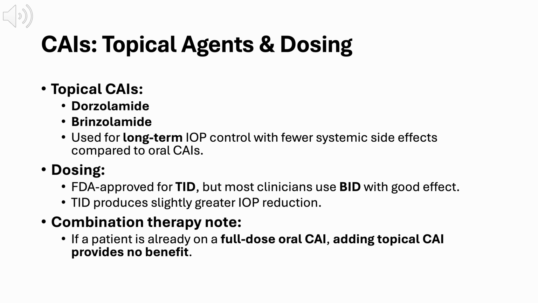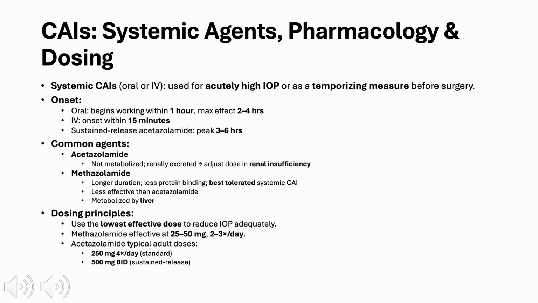Both are FDA approved for 3 times daily dosing, but in practice, most clinicians use them twice daily with very good effect. Using them 3 times a day can provide a slightly stronger IOP reduction. Lastly, if a patient is already taking a full-dose oral CAI, adding a topical CAI does not provide any additional benefit.